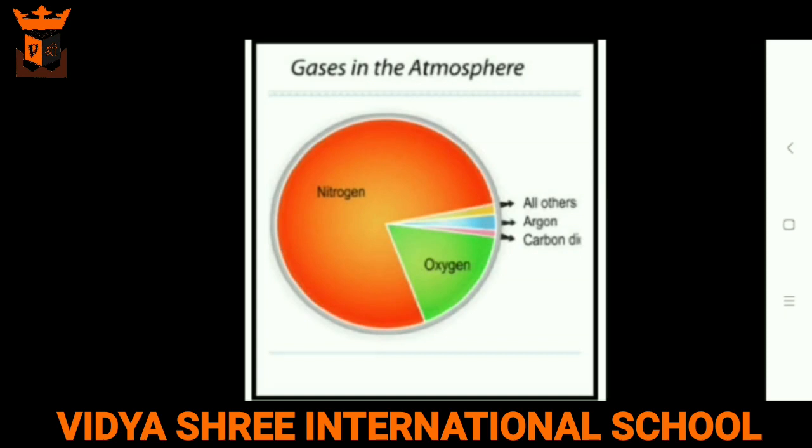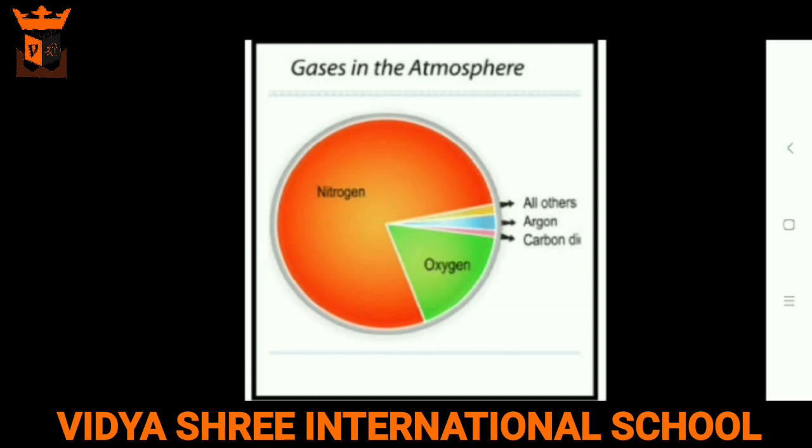Nitrogen and oxygen are the two gases which make up the bulk of the atmosphere. There are other gases as well, like carbon dioxide, helium, ozone, argon, and hydrogen, but they are found in lesser quantities. Apart from these gases, tiny dust particles are also present in the air.